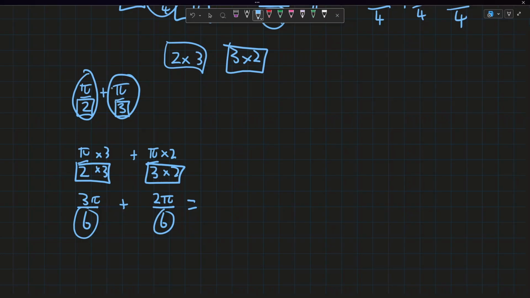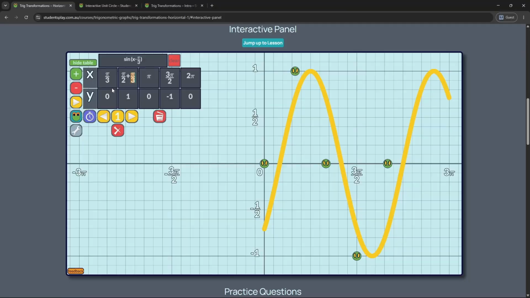And then 3 pi plus 2 pi is 5 pi. And then the 6 will stay on the bottom. Okay, so we actually need to put in 5 pi on 6 here. 5 pi on 6. And that will get us our 1.